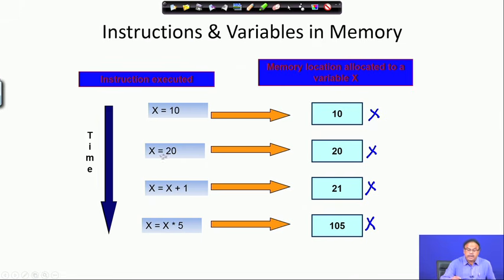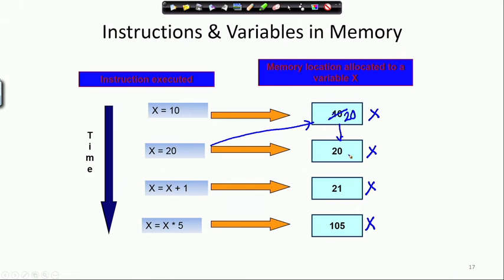Next step, I assign 20. So, this location gets 20. The 10 that was there in the same location is being overwritten by 20. So, I am getting 20 here. Now, x has got 20. What is x now? x is 20.